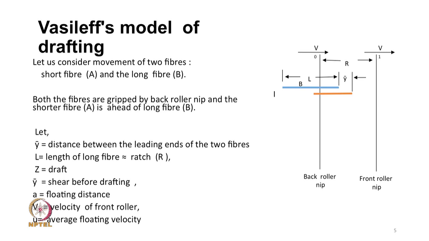The other thing is that at the beginning there is a difference in the ends of these two fibers, the blue and the orange, and the distance between the leading ends of these two fibers is represented by y bar, that is the shear, we call it shear before drafting.